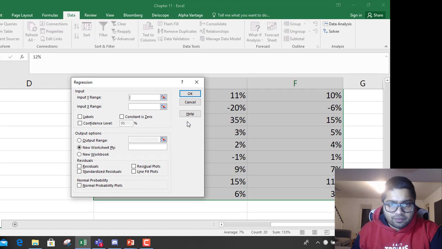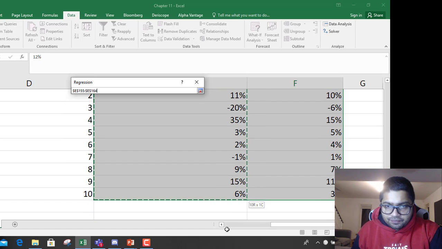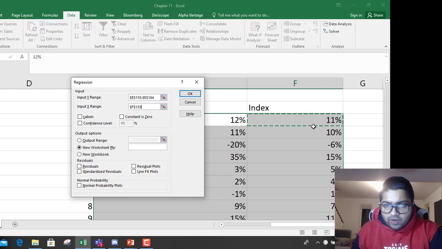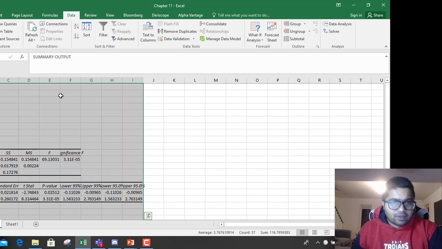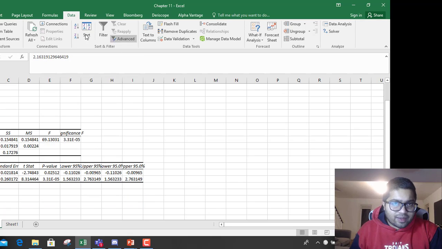So you need x as stock, y as index, and click OK. So you will get the output. This x variable is beta.